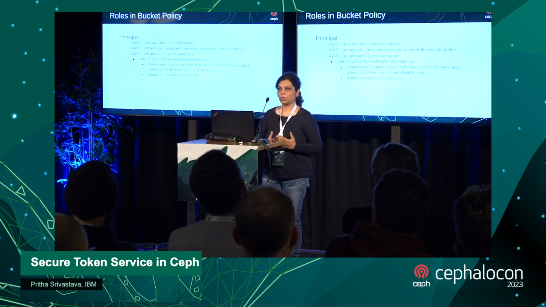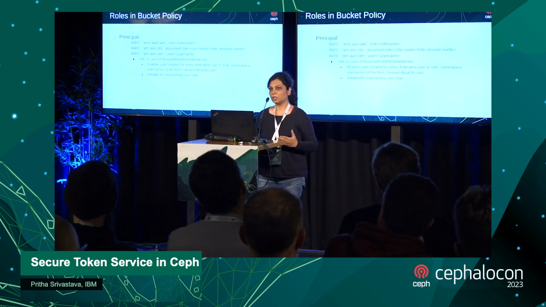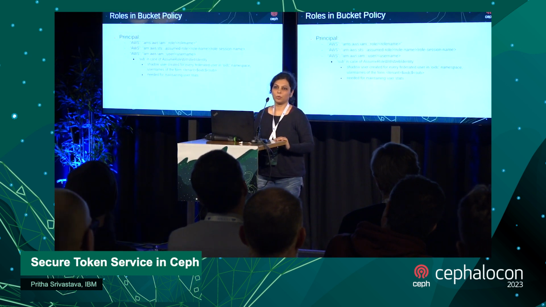And if we want to allow or deny access to any external user to a bucket, then we can specify its user name in the principal element of the bucket policy. And the username can be derived from the sub field of the incoming web token in case of assume role with web identity.